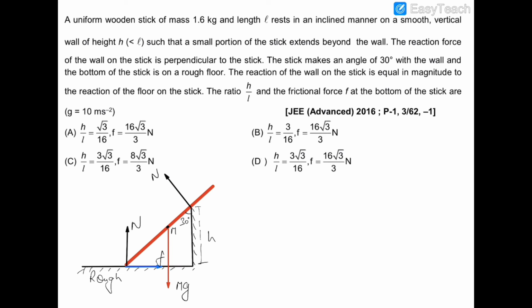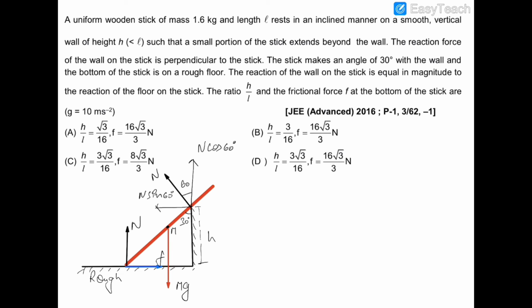So let us first of all draw the components of normal reaction. This angle is 60, so this would be n cos 60. Now n cos 60 is obviously n by 2, so let us write it only as n cos 60, and this component is n sin 60.